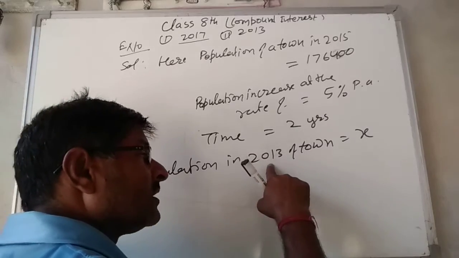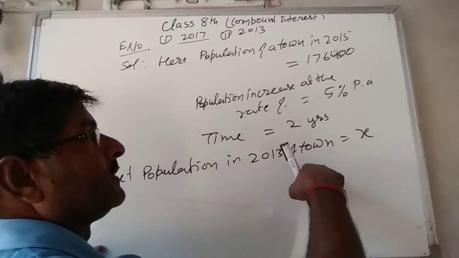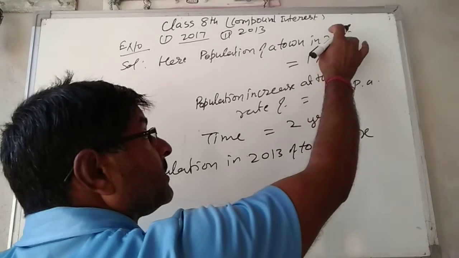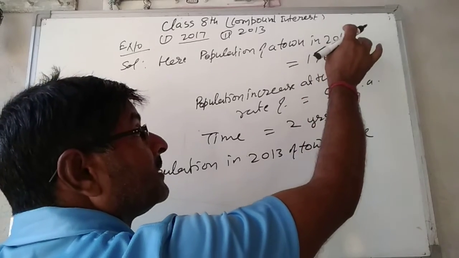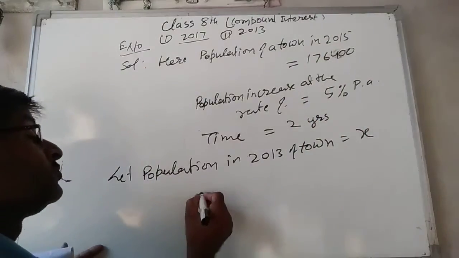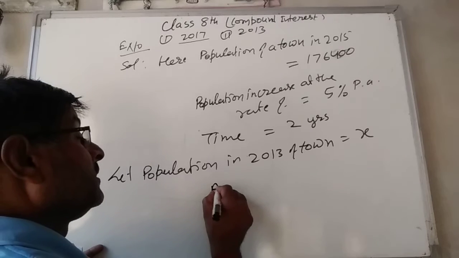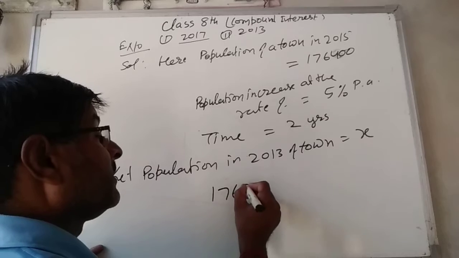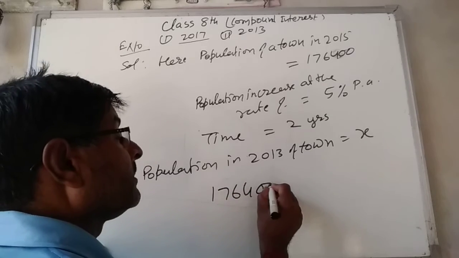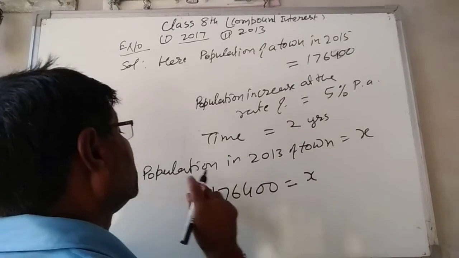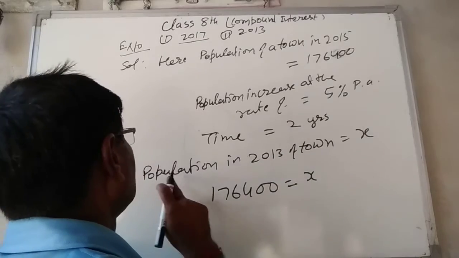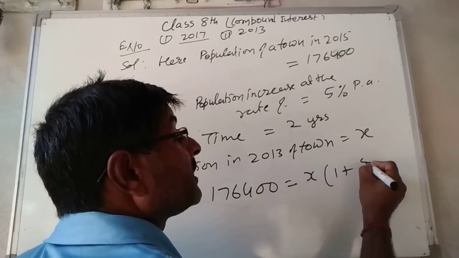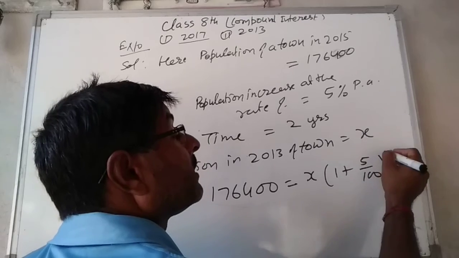Because 2013 works here as the principal and the population of 2015 works as the amount, we can use the amount directly. The amount 176400 is equal to the present population in 2013. Population in 2013 was x, so x into (1 + 5/100) to the power 2.